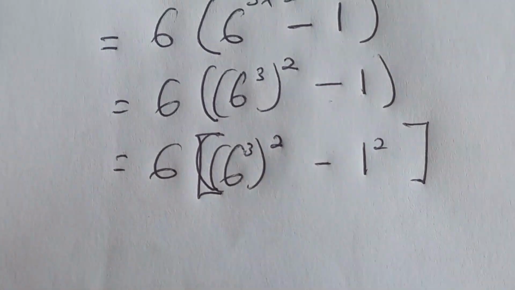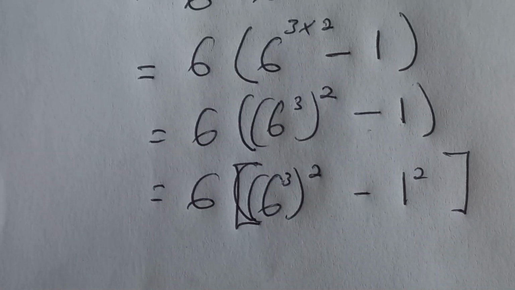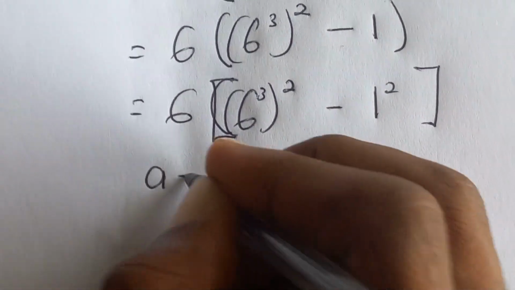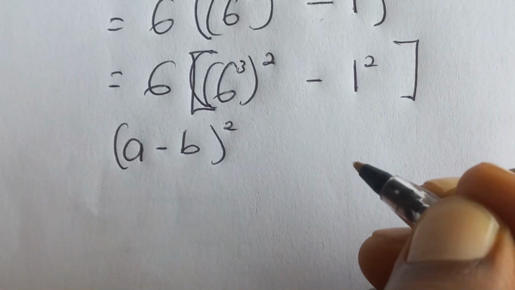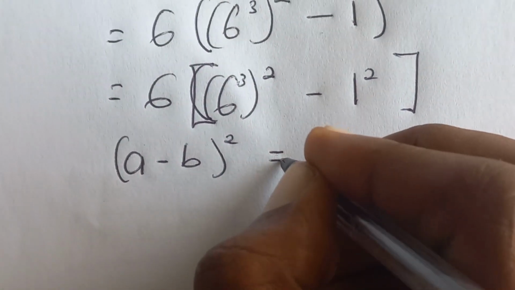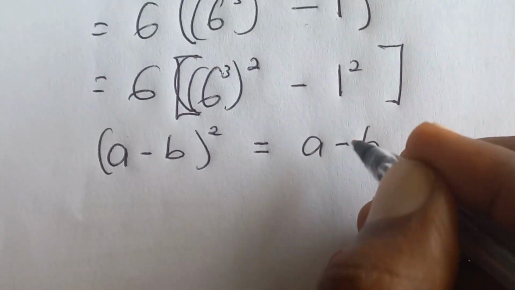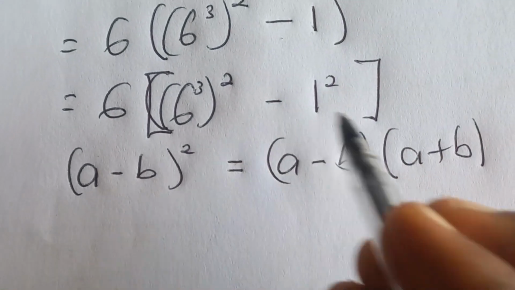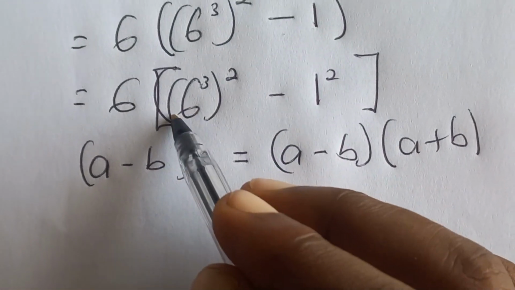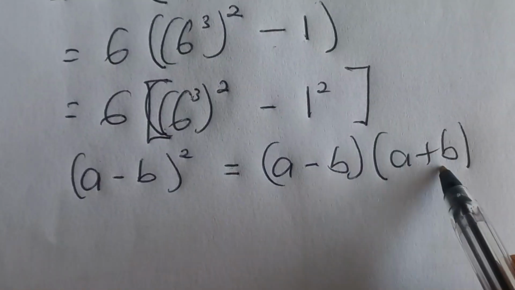Okay, like this. So in algebra, we have a minus b all squared, which is difference of two squares, which is equal to a minus b, a plus b. So we are going to express the inside bracket to look like this.